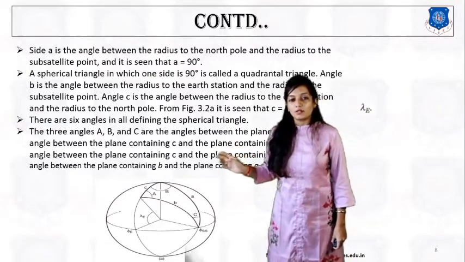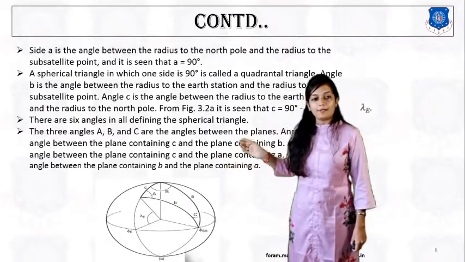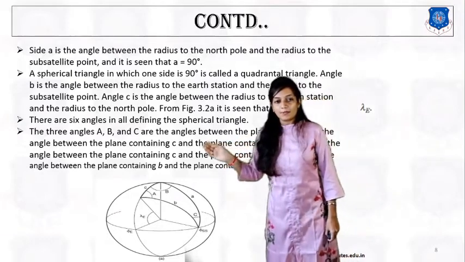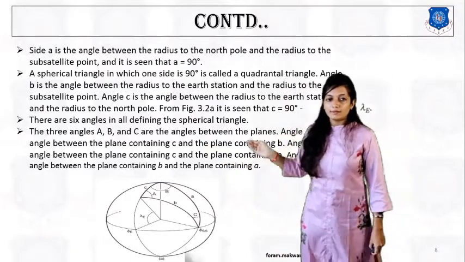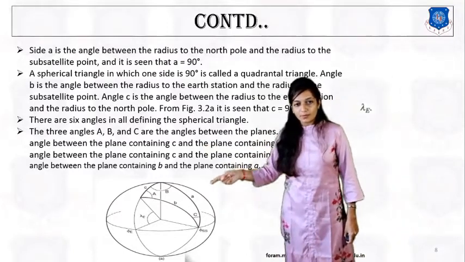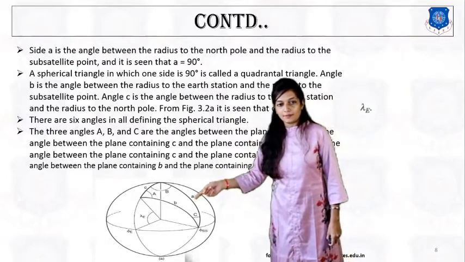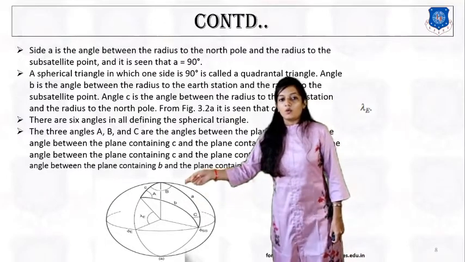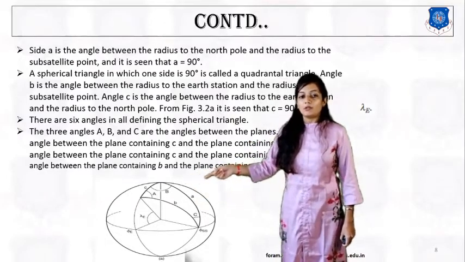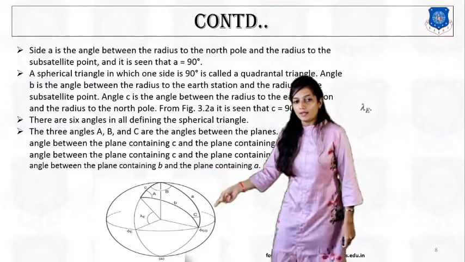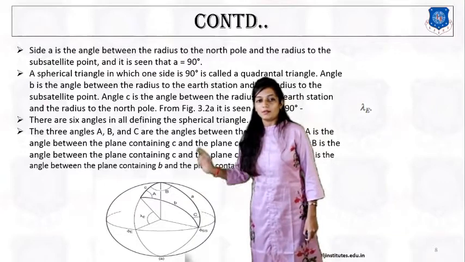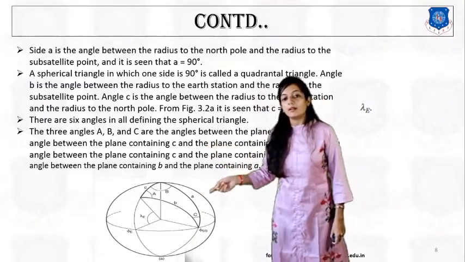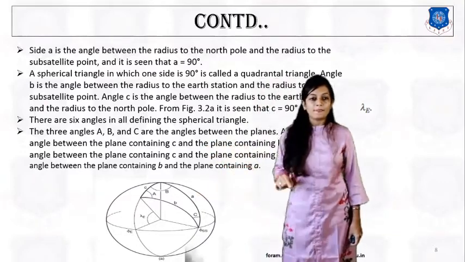We have already noted the small ABC. Now the time is indication of capital ABC. The capital ABC are the angles between the planes. That is, capital A is the angle between plane C and plane B, right? Now, capital B is the angle between plane C and plane A, and capital C is the angle between plane A and plane B. Alright.